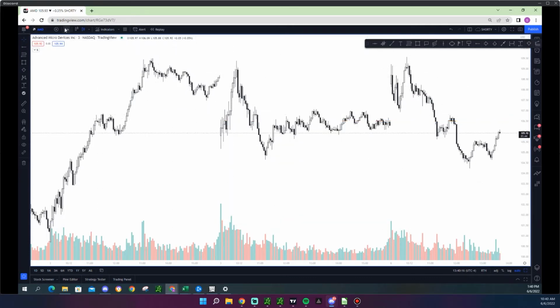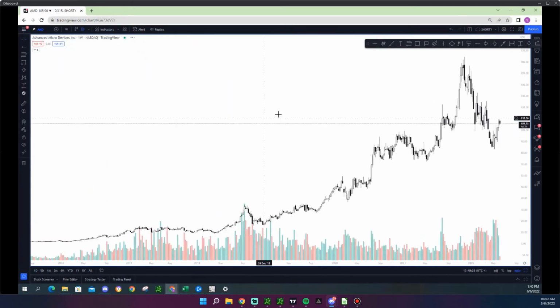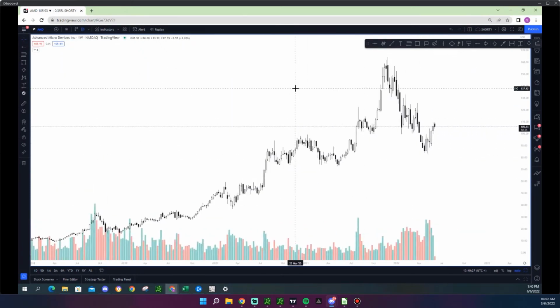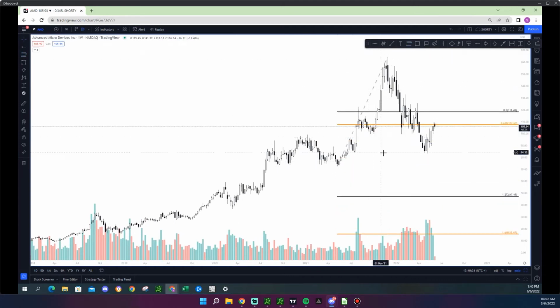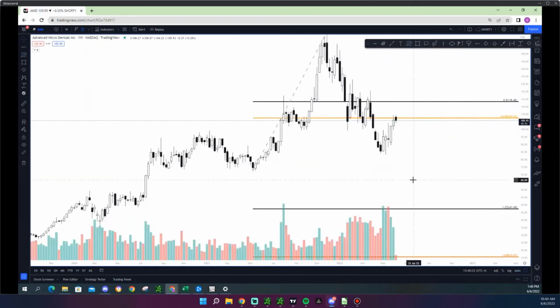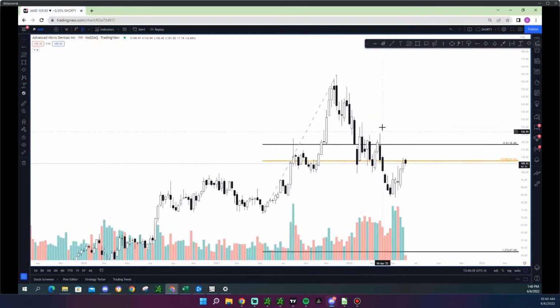Yeah, yep. And so if you're fibbing something on 3 minutes, you have to trade it on 3 minutes too. I've seen some funny stuff. They take the weekly chart on AMD and then they use the fibs like this one here and use that for day trading. You cannot do that. In order to hit these fibs, guys, it takes time.